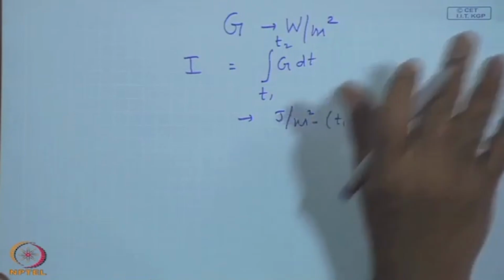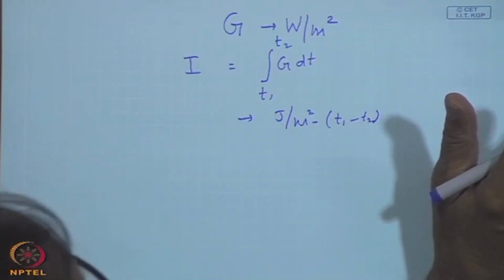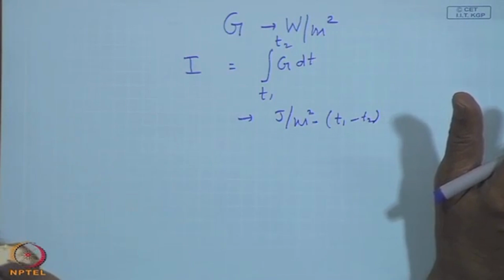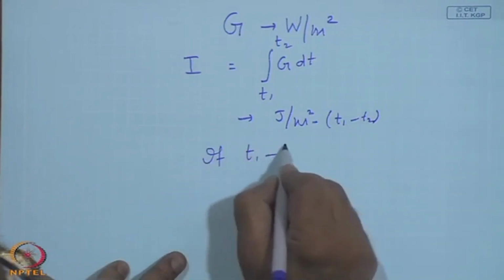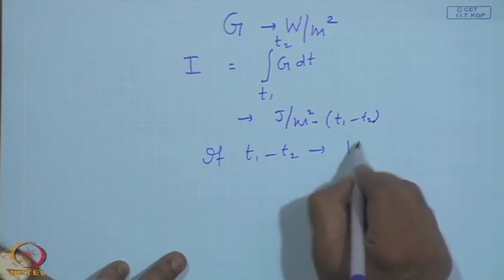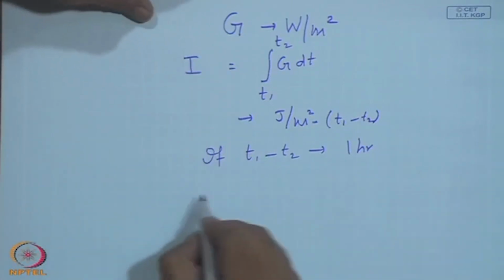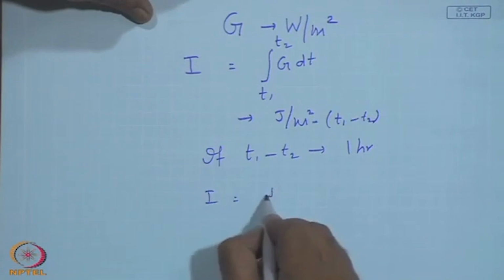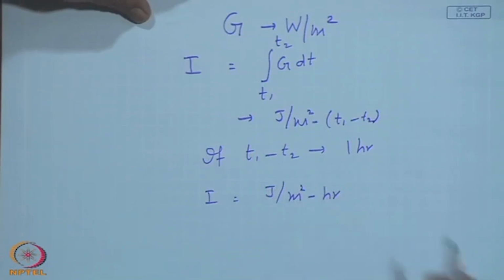That means, so many joules of energy is collected in the time interval between T 1 and T 2. If T 2 minus T 1 is 1 hour, typically the available value in the data, then I will be joules per meter square hyphen hour.